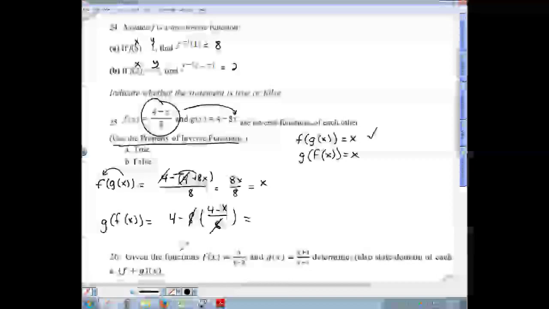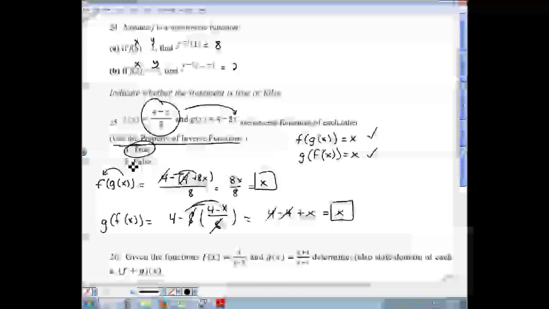Now the 8's would cancel, and then if you distribute the minus sign there, you'd have 4 minus 4 plus x. 4's cancel, so you're left with x. So since both compositions f of g of x and g of f of x were equal to x, that proves that f and g are inverses of each other, so the answer is A. It's true.